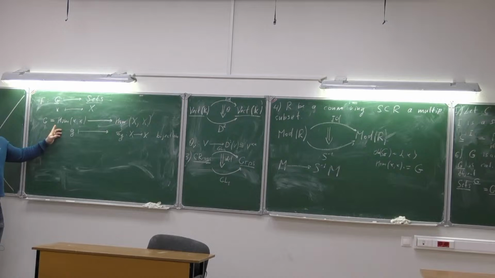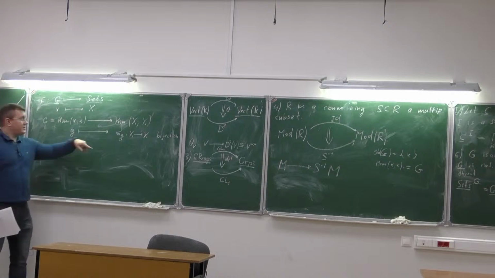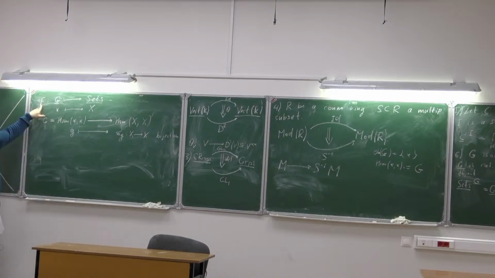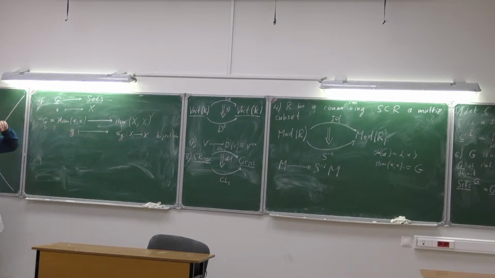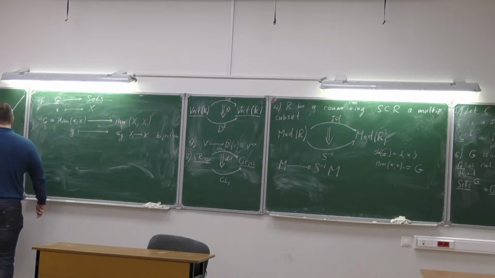The fact that this functor sends compositions to compositions means that this action is associative, and the fact that this functor sends identity to the identity means that the identity acts as the identity transformation on the set X. So indeed, this looks like G-sets. I have another example, actually two examples.